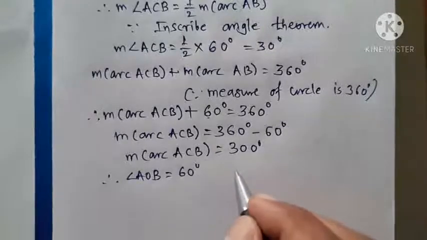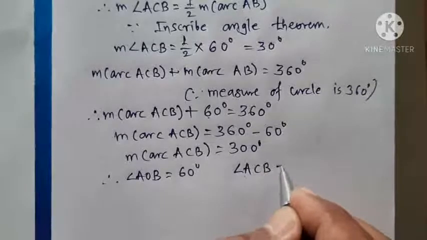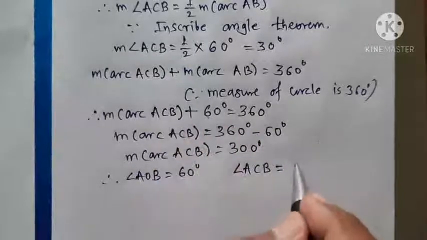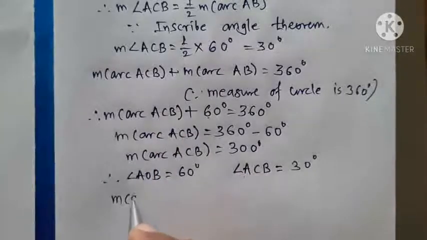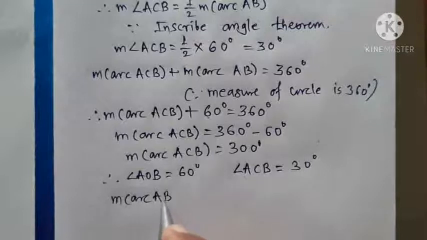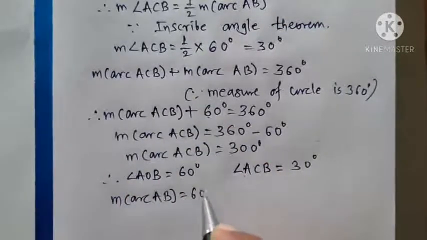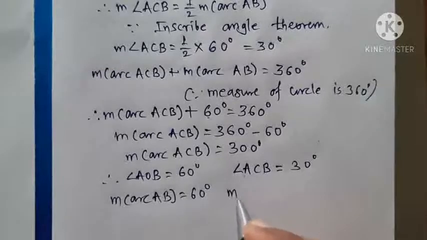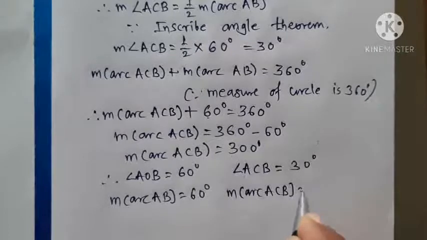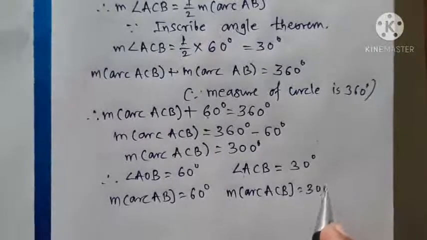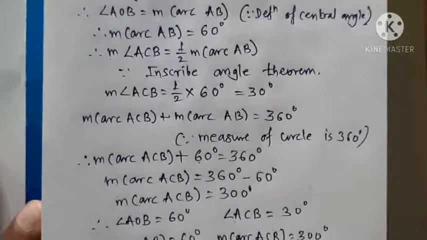Second, measure of angle ACB is equal to 30 degrees. Measure of arc AB is equal to 60 degrees and measure of arc ACB is equal to 300 degrees. In this way, we solve this example.